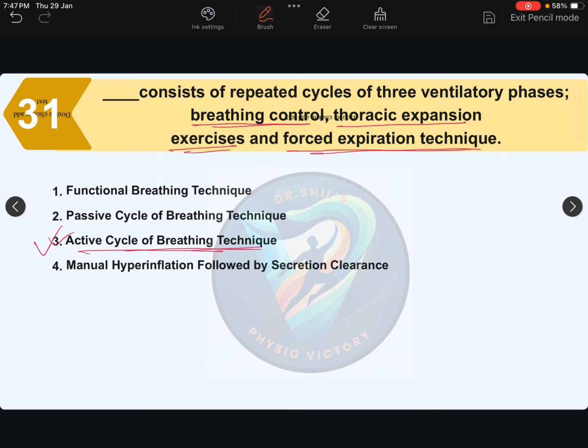Active cycle of breathing technique has 3 phases. First phase is breathing control phase. Second phase is thoracic expansion phase. And third phase is forced expiratory technique or huffing.